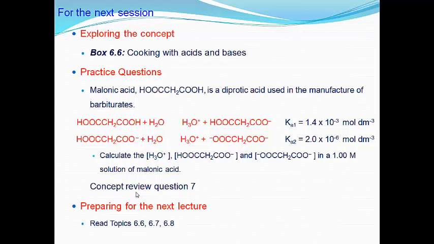Further practice can be gotten from concept review question 7, and then in preparation for the next lecture, where we'll look at the impact of molecular structure on the acidity and basicity of various acids and bases, which can be seen in topics 6.6, 7, and 8.